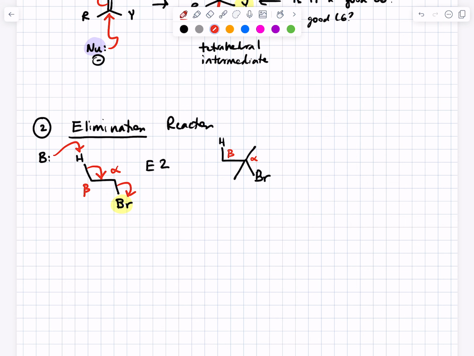You saw cases where actually the leaving group would just leave on its own first if you didn't have a particularly good base, and you would get a carbocationic intermediate with a positive charge on the alpha carbon, and then usually a very weak base would come and remove the proton. We called that an E1 reaction. Does that sound vaguely familiar?